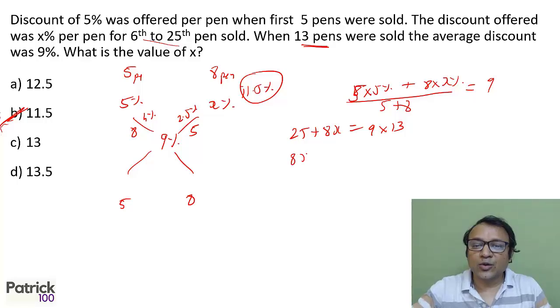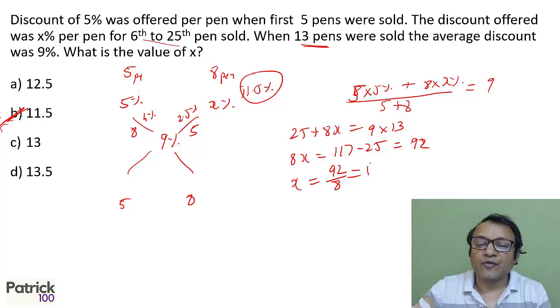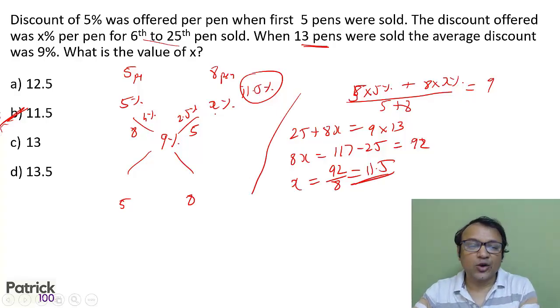So you'll get 8x equal to 117 minus 25, which comes to 92. Divide by 8 and you get 11.5. So you can use the weighted average concept or you can use the reverse allegation concept.